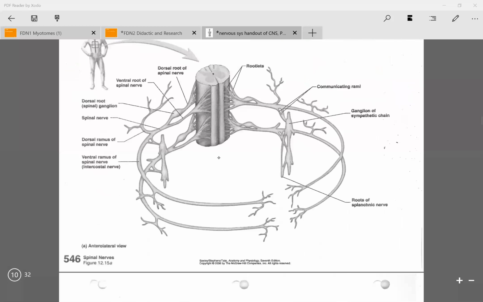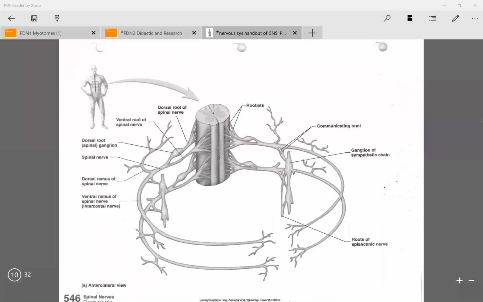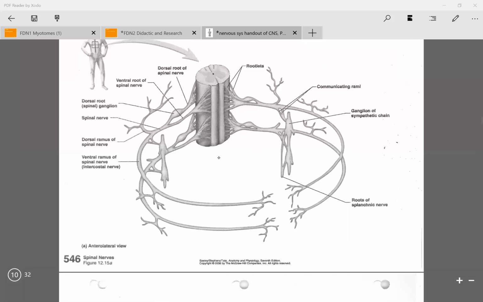All right, so this slide right here is showing you the mid-thoracic area, but it also, in a way, shows you how the spinal cord, the nerve root, and the spinal nerve itself behave. All right, so you've got the cord that runs up and down your body.